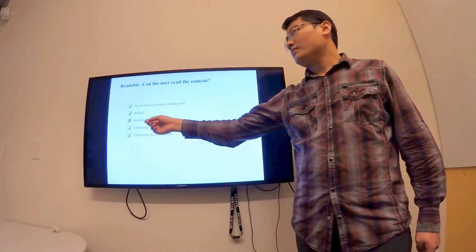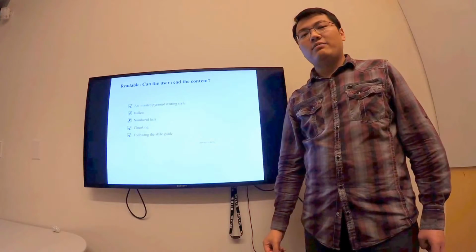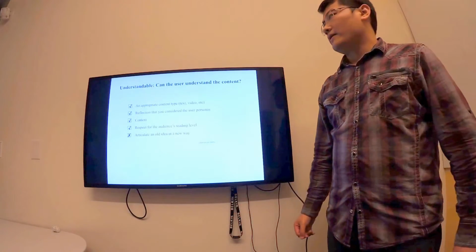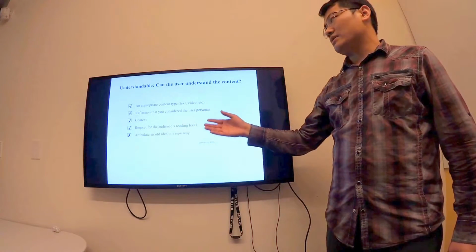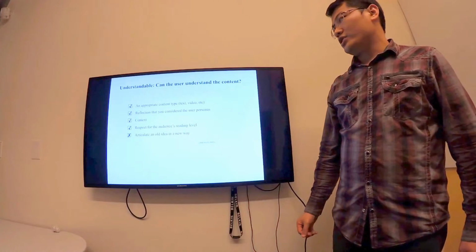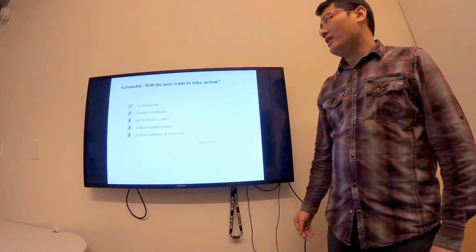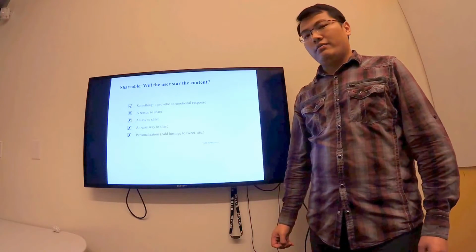Such as the numbered list, they never use a numbered list in the whole website. And look at the understandable, which is good, but the actionable and the shareable need some improvements.